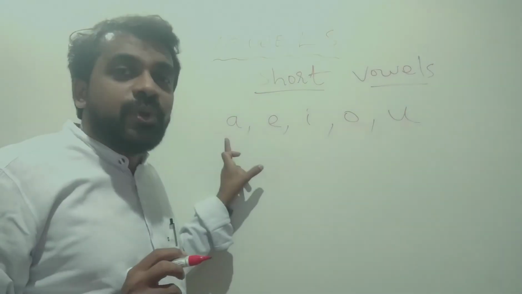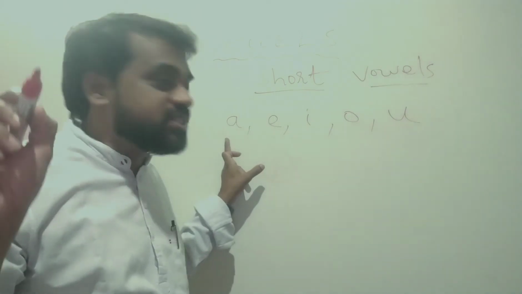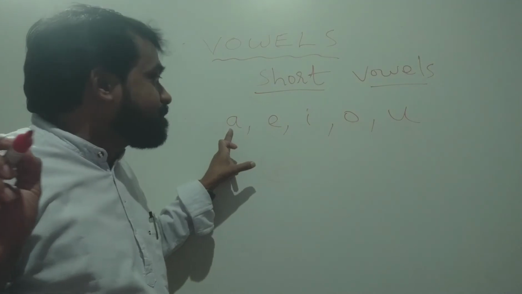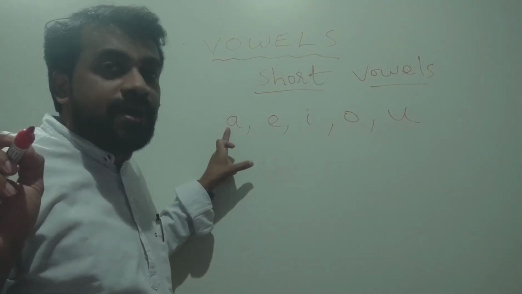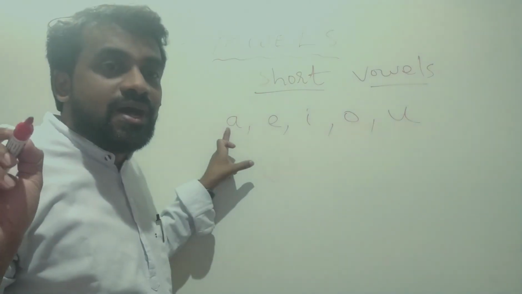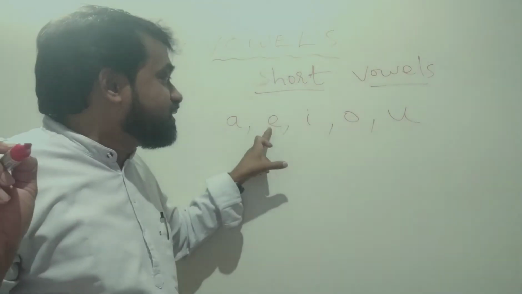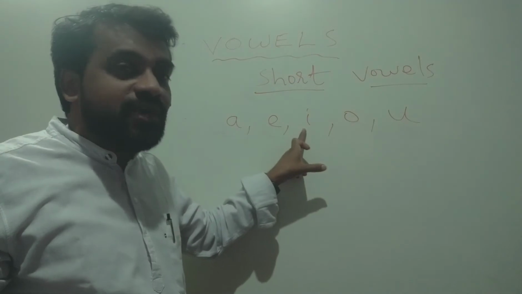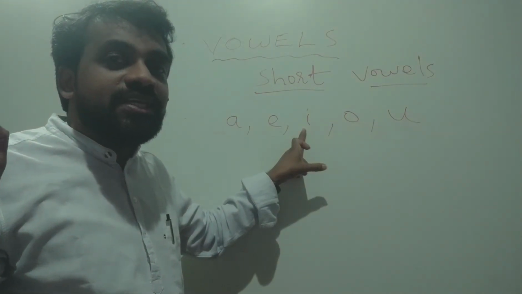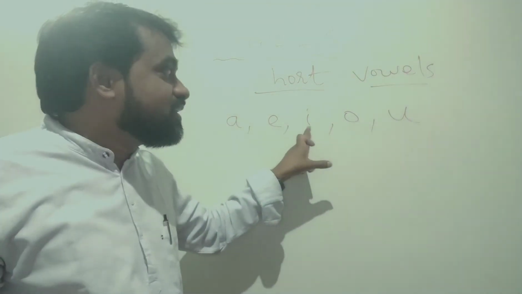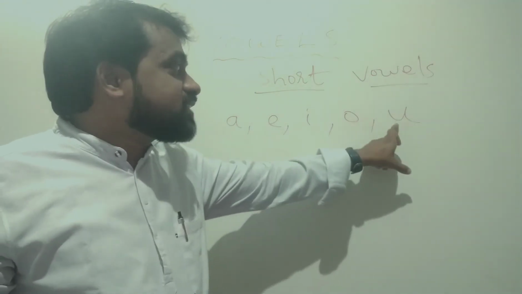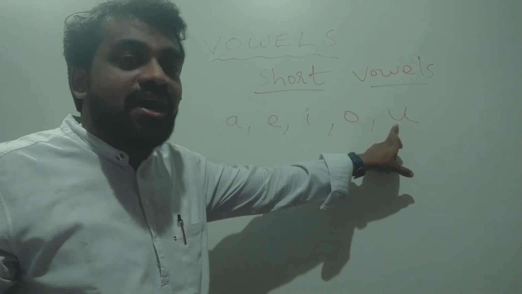When we produce them, you have to listen clearly. The first one is A. Next one, A. Next one, E. Next, O. Next, A.